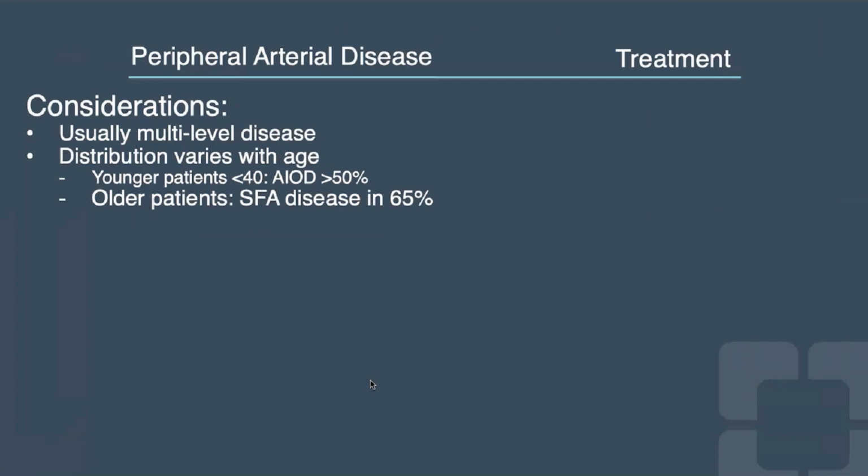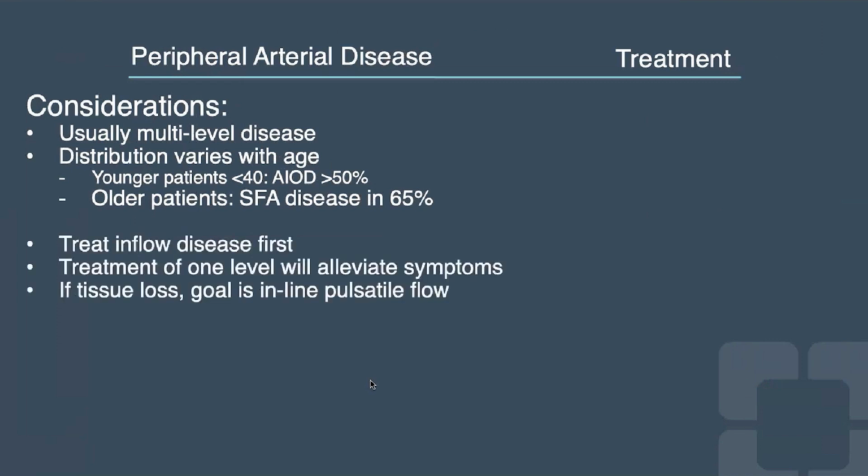So the considerations again for treatment would be multi-level disease. If these patients have multi-level disease, we typically can make them feel better by treating 1 or 2 levels of that disease. The distribution, as we talked about, is different in young people versus older people.